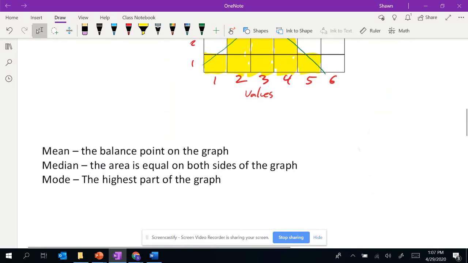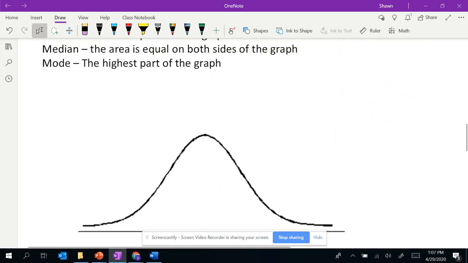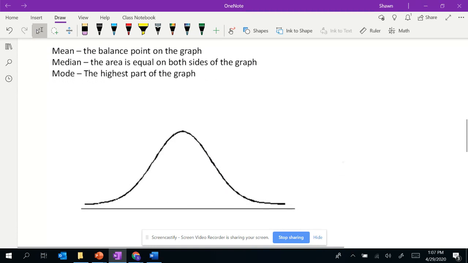So here we have a distribution graph. A very common distribution graph would be, say, height. Let's imagine that we have height right here. This is the amount of people, so if we had an axis going up here, this is the amount of people.